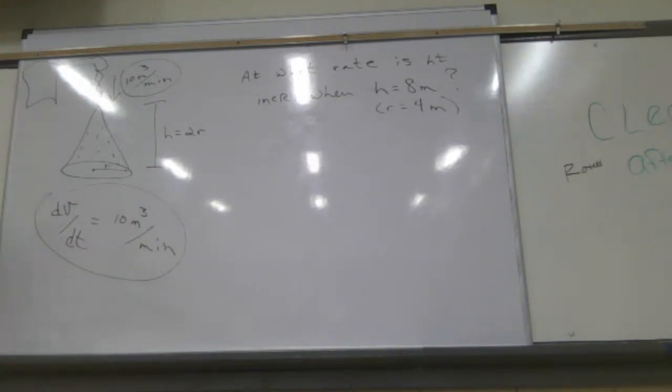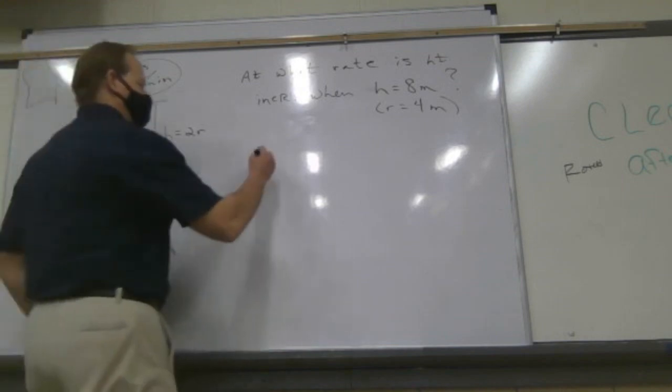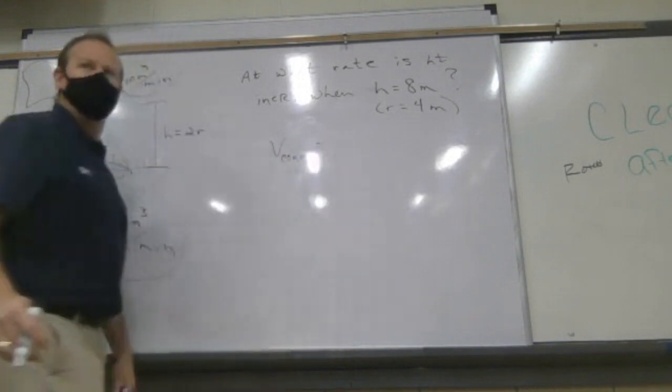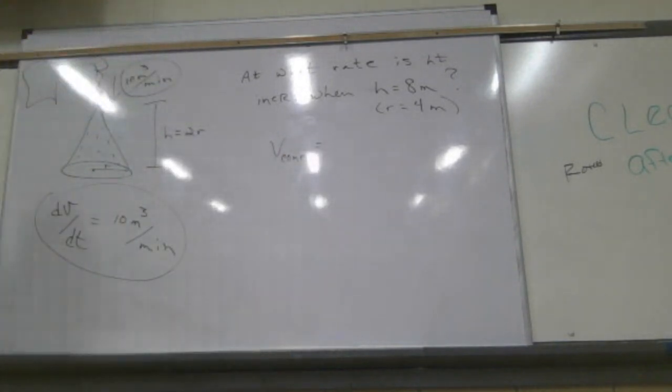And then what do we want to know? Do we know what the volume of a cone is? What's the volume of a cone? 1/3 area of the base times the height, right? Here, I kind of think of it this way.